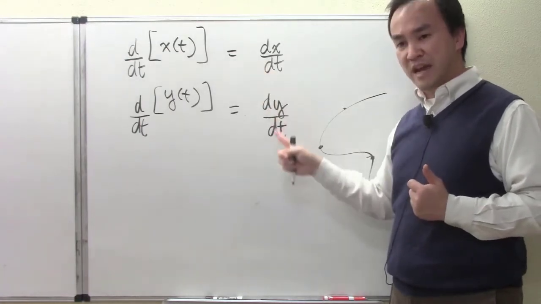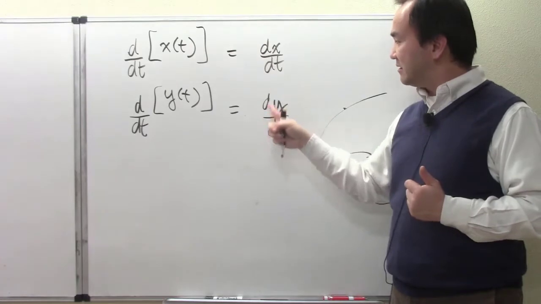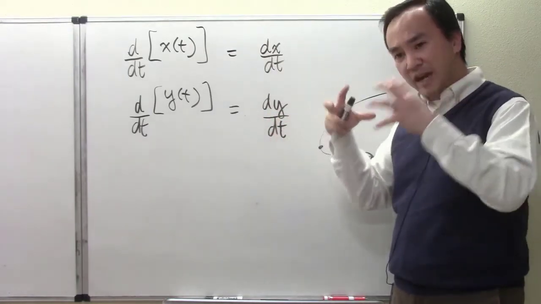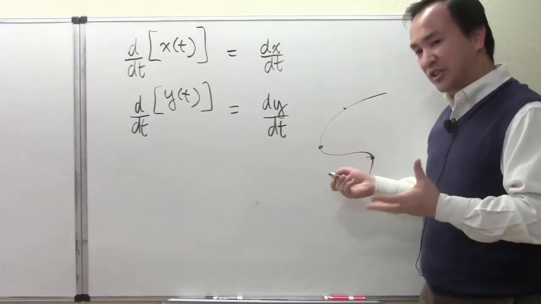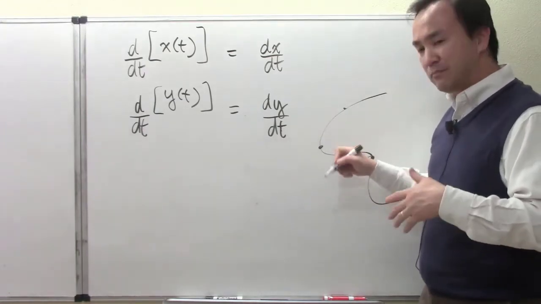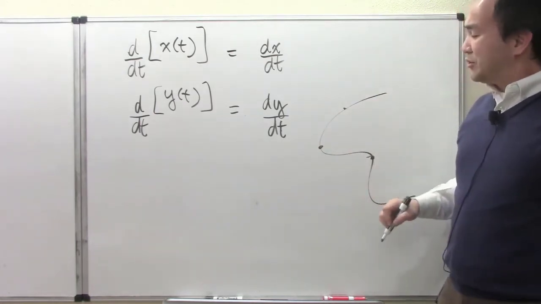There I will be able to explain better details about how dx dt and dy dt together can be understood as having an important role for a particle that's moving on a curve like this.